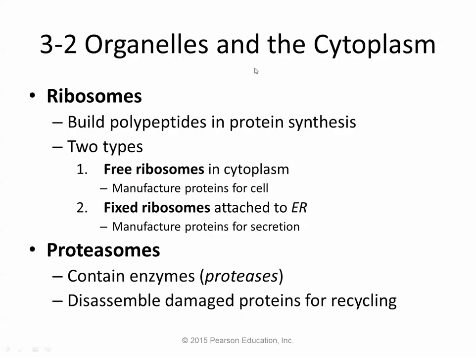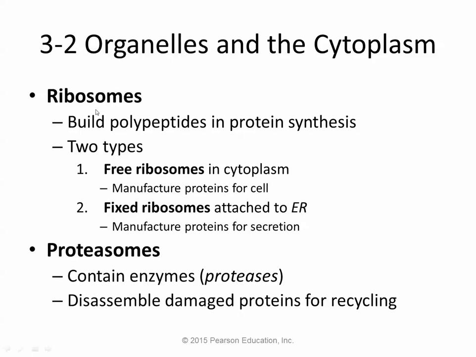So then we can talk a little bit about the organelles in the cytoplasm that are making proteins or breaking down proteins. We've got our ribosomes that we've already talked about, free and fixed. These are assembling amino acids bit by bit into polypeptides and proteins.